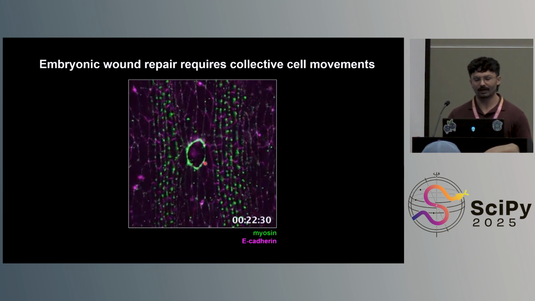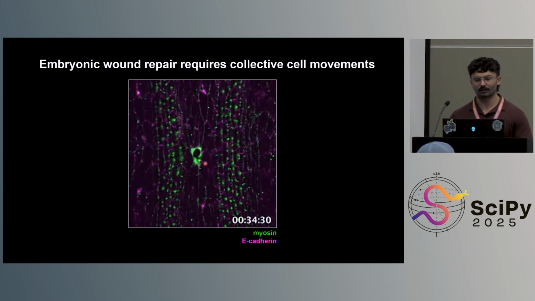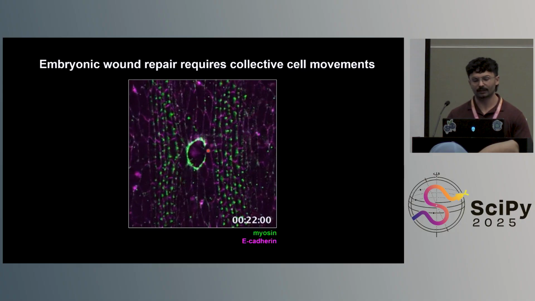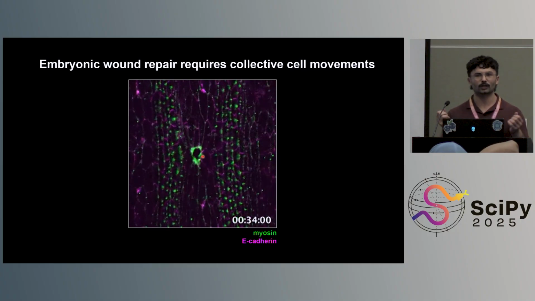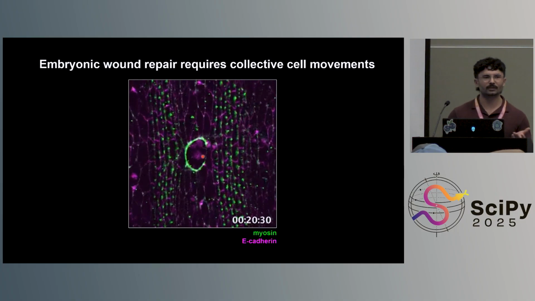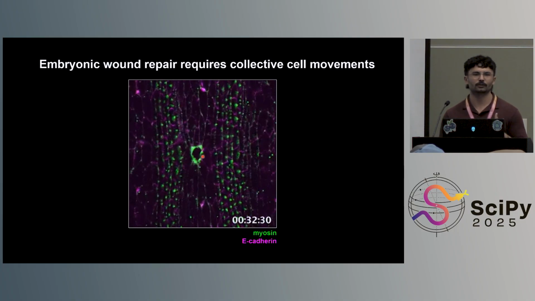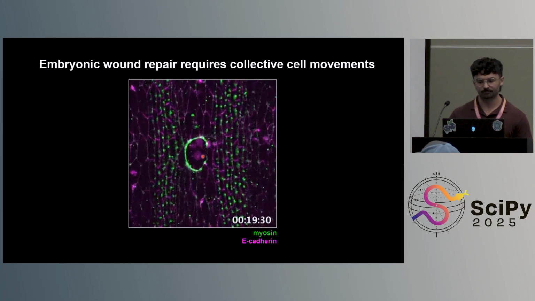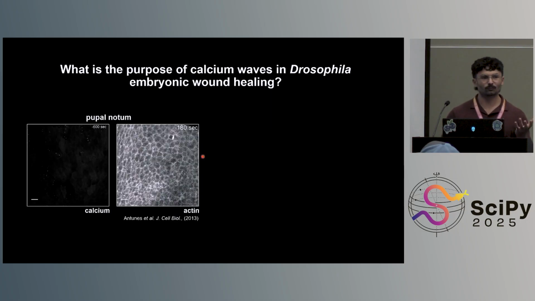And to do so, they have to coordinate the polarization of myosin, which is a molecular motor, and myosin creates a cable around the wound that generates tension to pull that wound closed. And I was interested in understanding how these cells are actually able to signal to each other to coordinate this behavior. Now, calcium waves are, in many systems of wound healing, including our own, the first signal that occurs upon wounding.